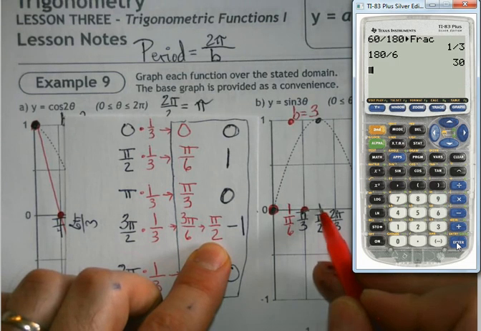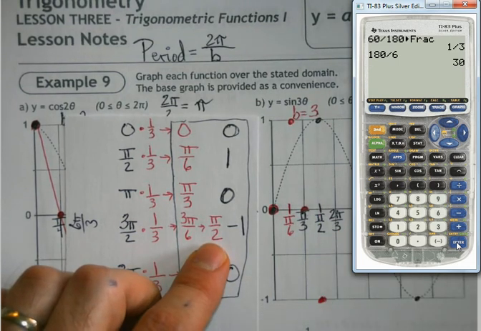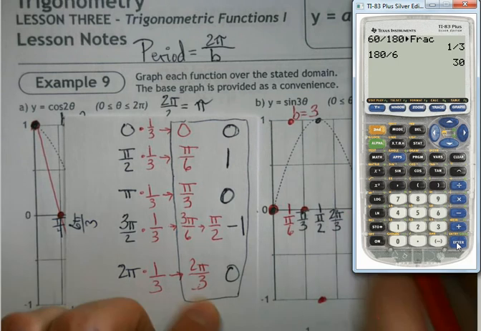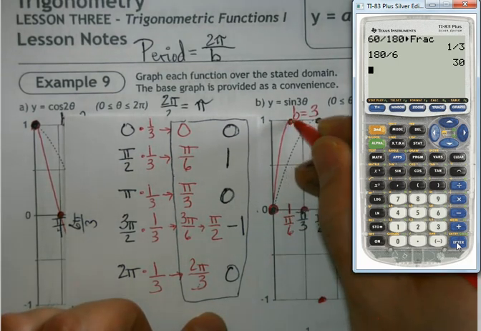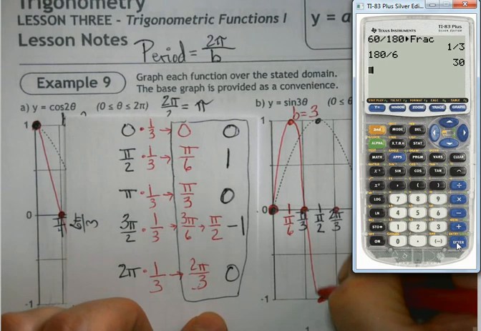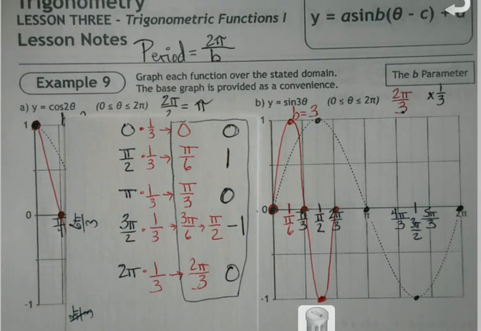Pi over 2, which we have, puts us at -1. And 2 pi over 3 puts us back to 0. And just like that, you have one complete cycle, just a very smushed version of what you have over here.